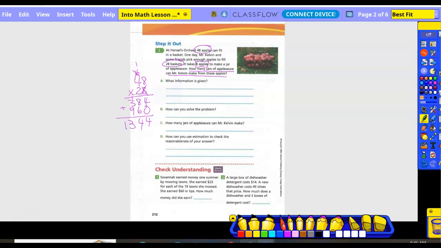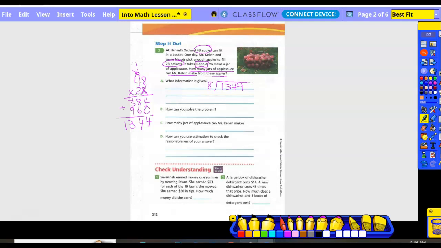Now what are we going to do with that information? Is it 8 divided by that or 1,344 divided by 8? Right. So 1,344 divided by 8. Okay. So what am I going to do?